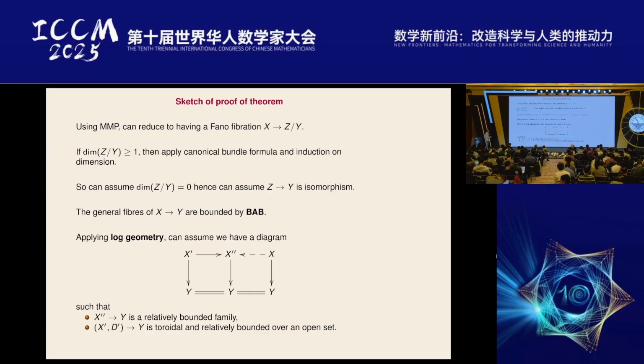So instead of just working over this, we take another quite non-trivial ingredient. We use log geometry to transform this fibration into a fibration where the singularities are much better. More precisely, we transform our fibration into a toroidal fibration.